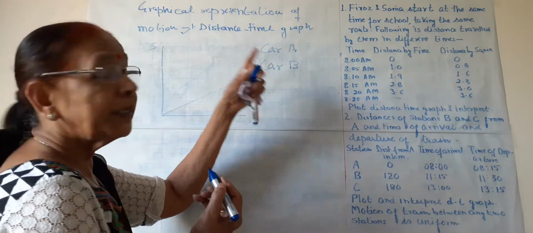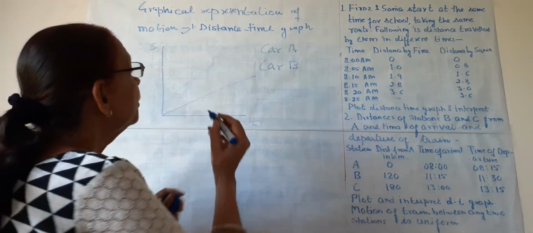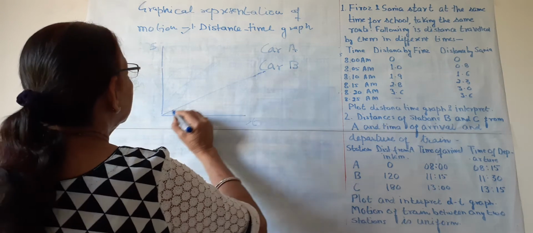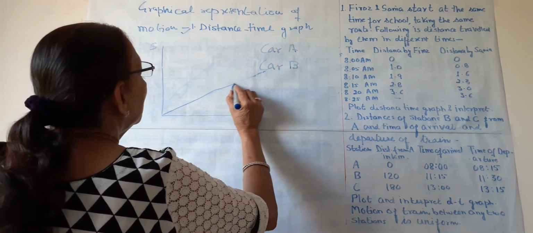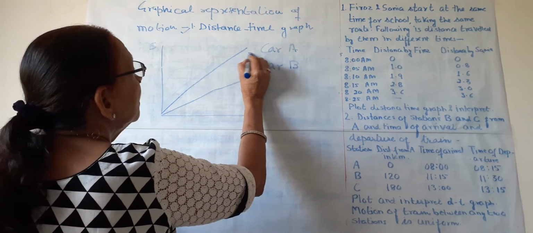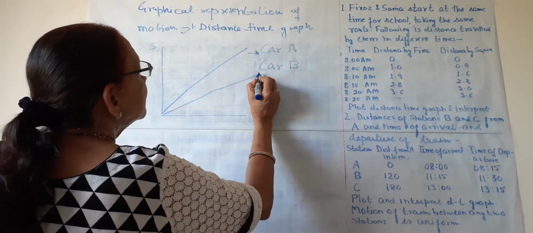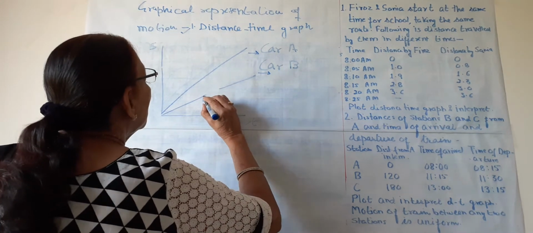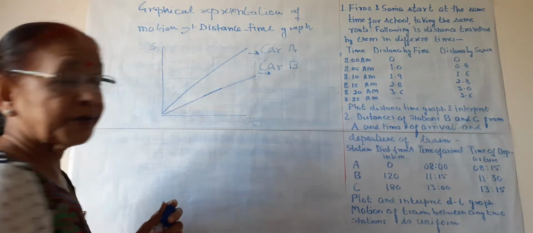The motion is uniform. Suppose this graph is for car B, and the other graph is for car A. We want to know which car is moving faster.